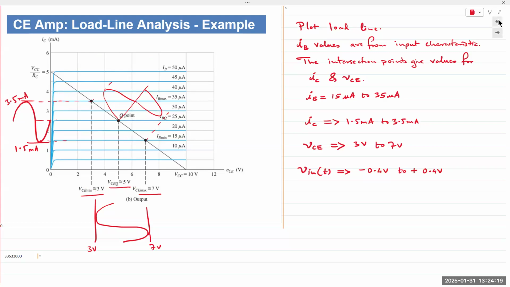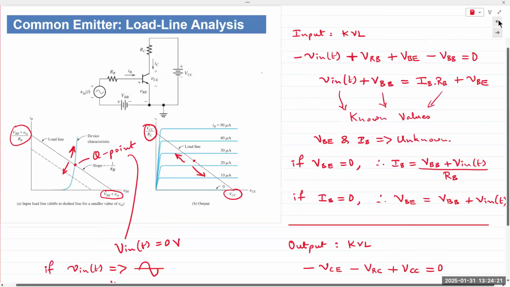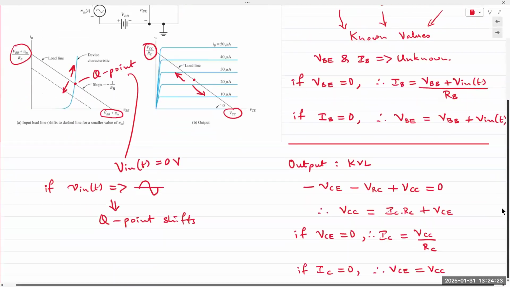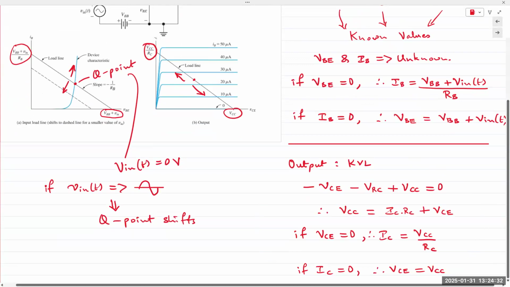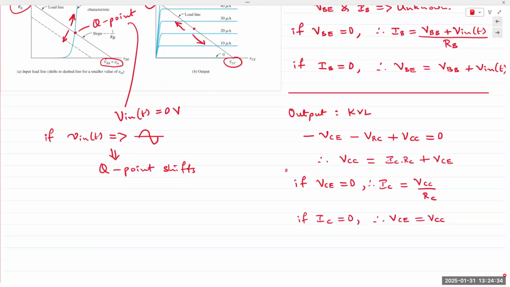So on the output side, I'll show you what we did here: we applied KVL on the output side to plot the load line. And these are the 2 points. VCE is equal to VCC and IC is equal to VCC over RC.